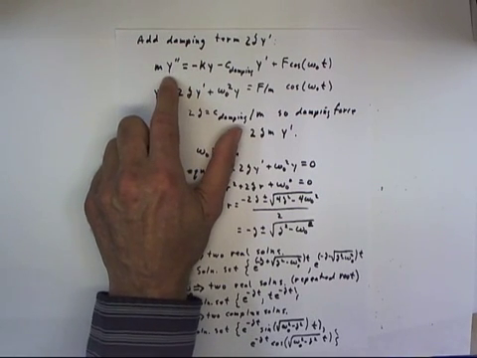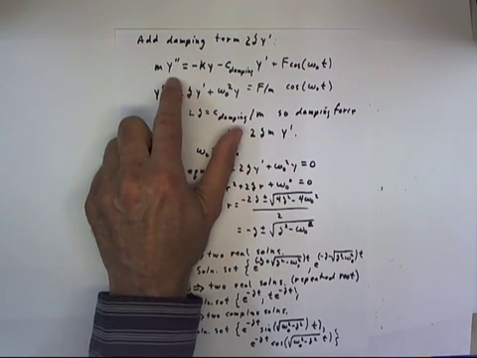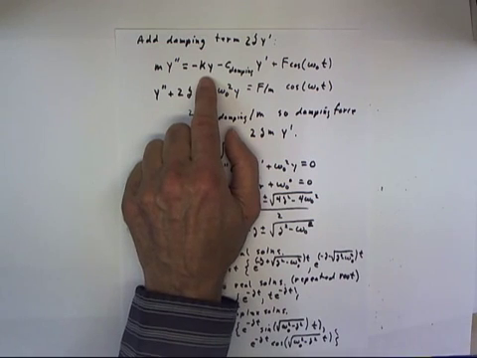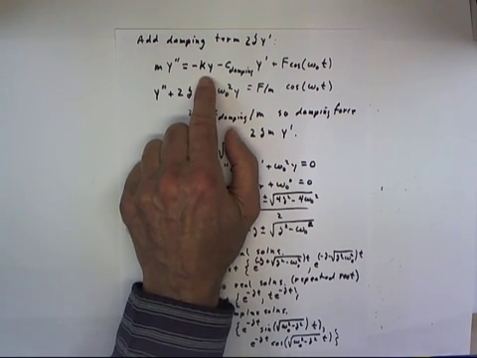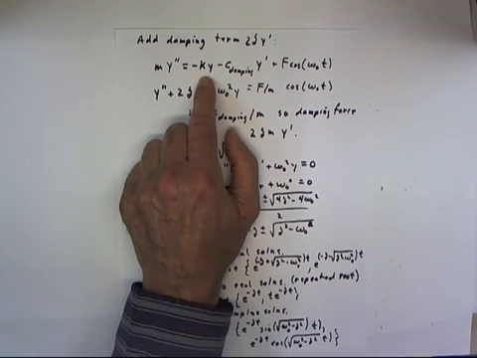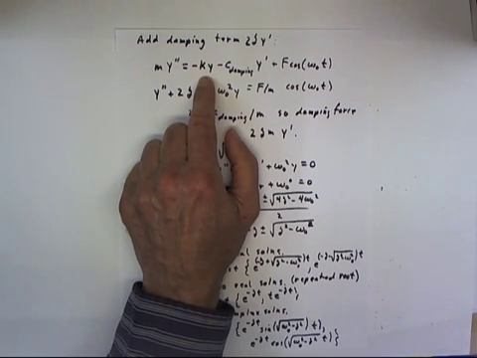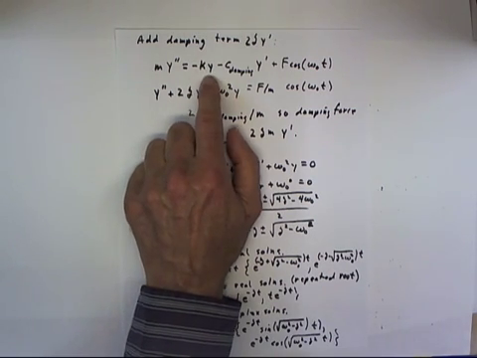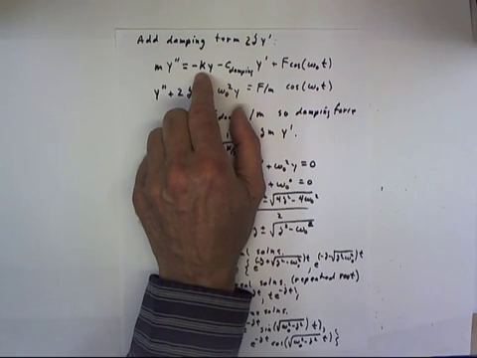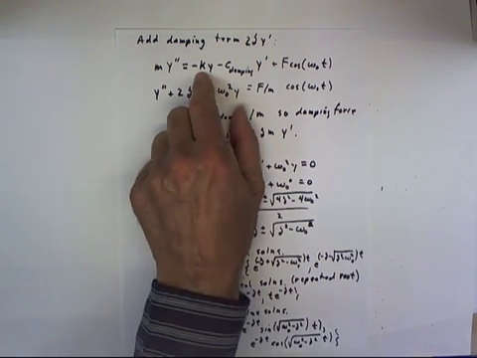And our m y double prime, which is our force, mass times acceleration, will then be negative k y, a restoring term, the restoring force, the force that tends to restore the system to equilibrium, being a linear function of y with some constant k, and we're familiar with that.